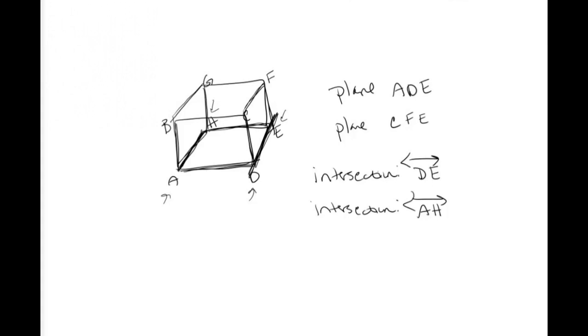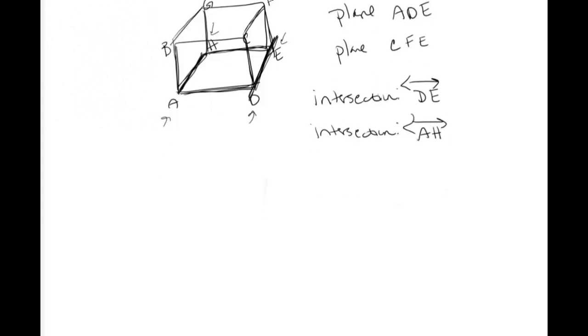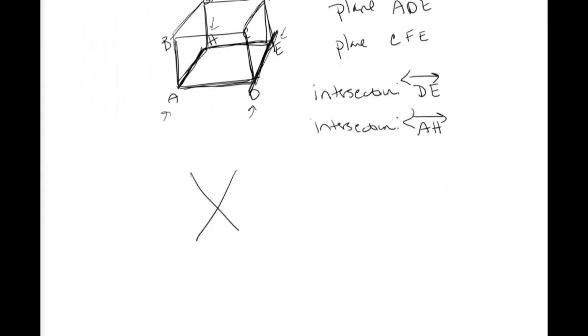You just have to identify where the planes are and to know that 2 planes intersect at a line. Similarly, if they wanted to know the intersection between line M, I should do my arrows here, and line L, they would intersect at point X, right? Because the intersection of 2 lines is a point.